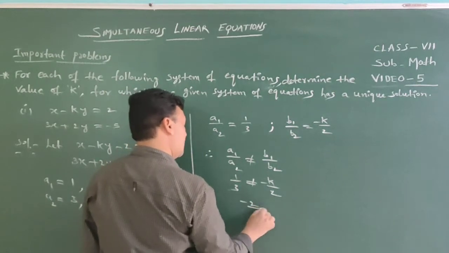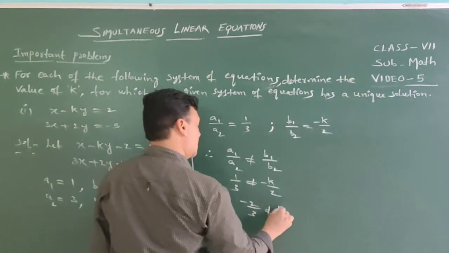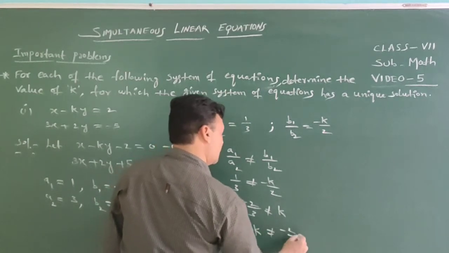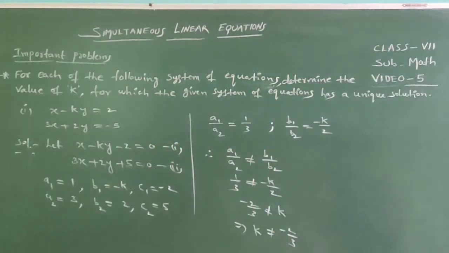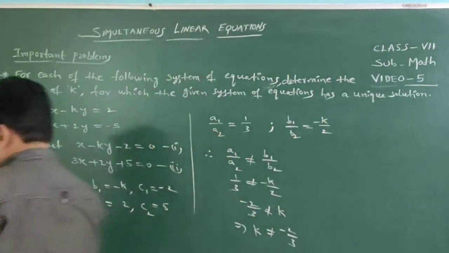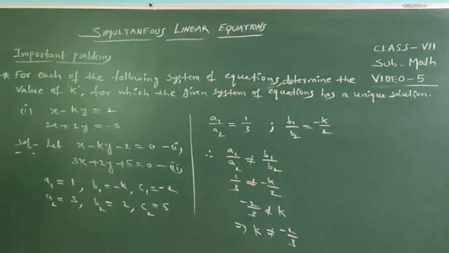Here minus 2 by 3 is not equal to k, which means k is not equal to minus 2 by 3. Here, if you observe, the given system of equations will have a unique solution for all real values of k other than minus 2 by 3.